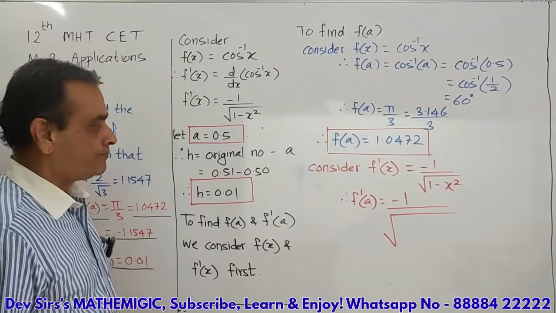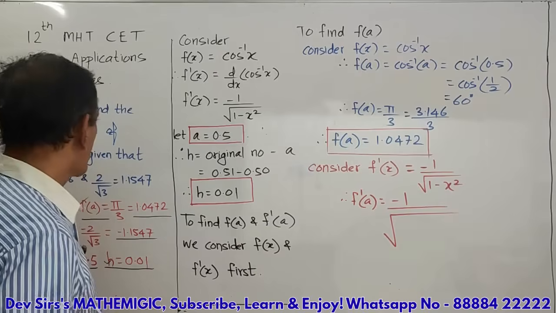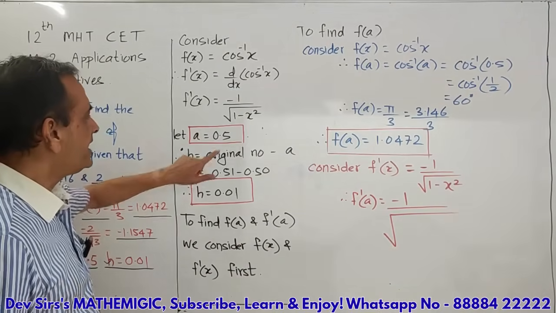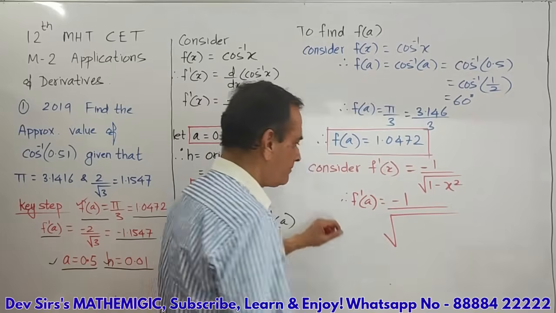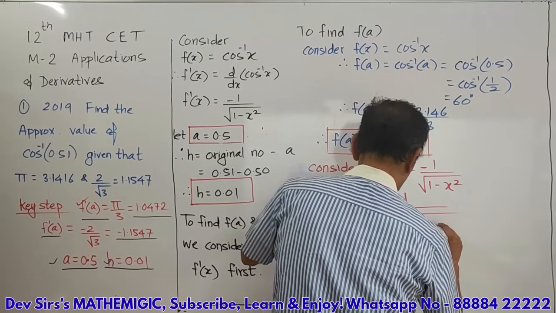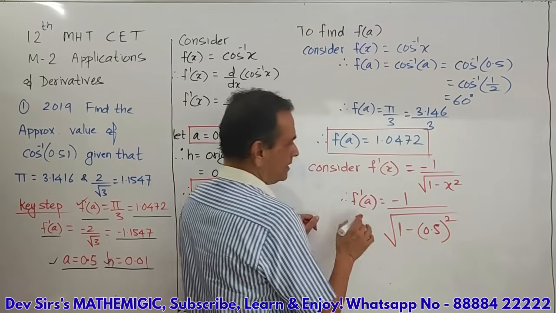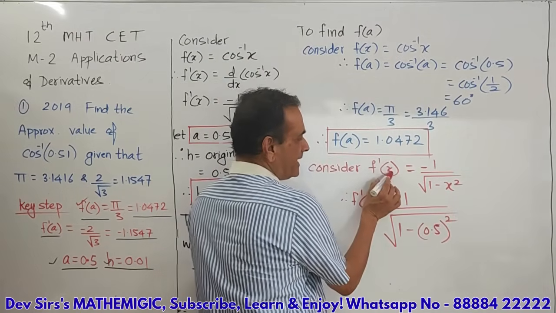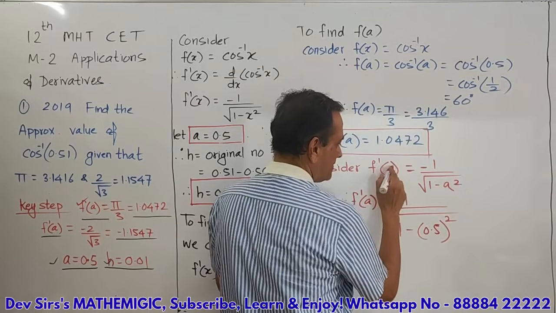But what is a? I am saving a step. A is 0.5, so just put that value there. Replace x by a, and here also a will come.